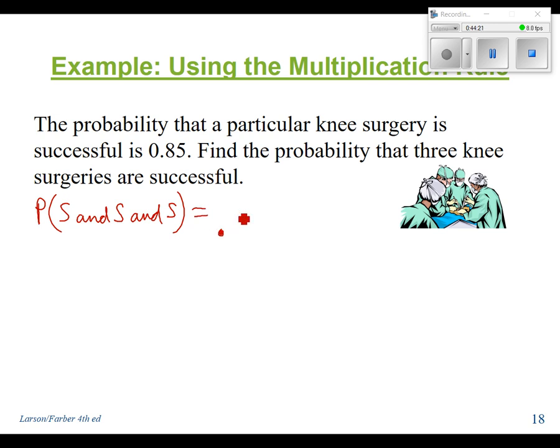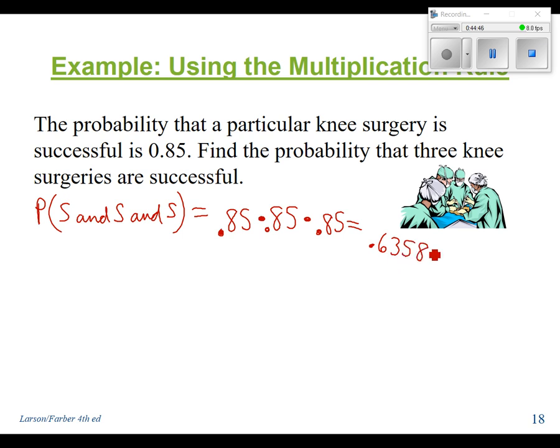I got 0.85. What's the probability you get the second success? 0.85. Probability you get third success. What are you going to do with all 3 of those? Multiply all those together. So this doctor's doing 3 surgeries all in one day. What's the probability all 3 of them are successful? 0.6358.